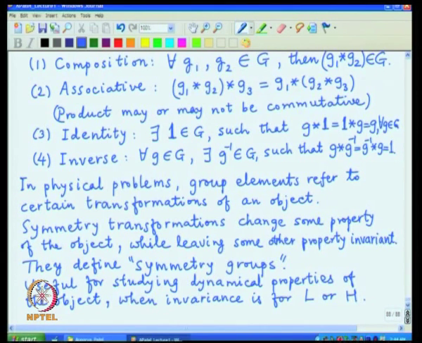And problems of physics which we will encounter have the symmetry groups acting as invariances in this particular sense. And it is in a sense similar to a person changing clothes.